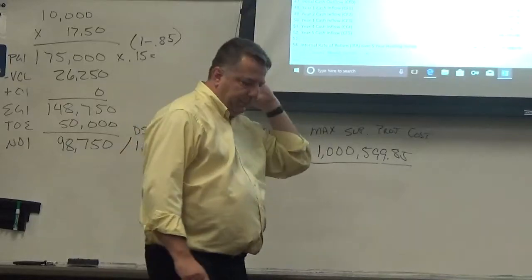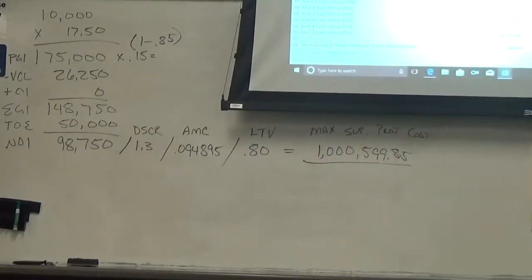What I've done with this extension of the model is to make it a bit more realistic. Instead of a static, one-year snapshot of performance, let's make some assumptions about growth rates of income and growth rates of operating expenses, so that we can calculate a 5-year projection for the property.